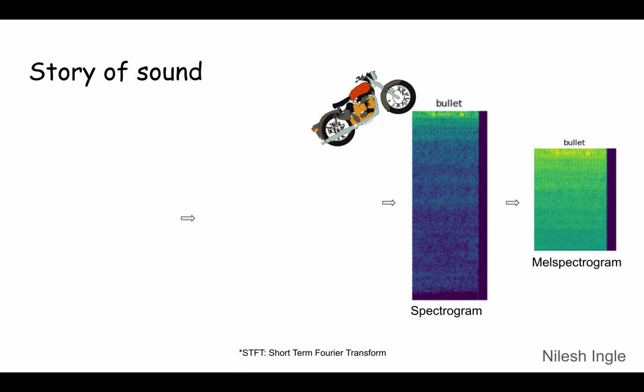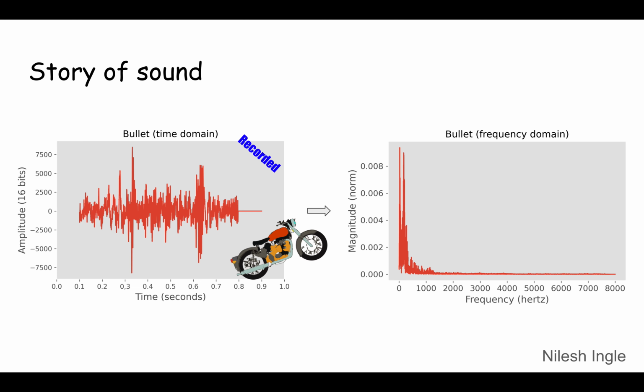And so now let's look at what the sound looks like. Here, on the left hand side, we have the amplitude and time for the sound of a bike. Here I'm calling it a bullet, and in the time domain we can see that these are regular spikes.